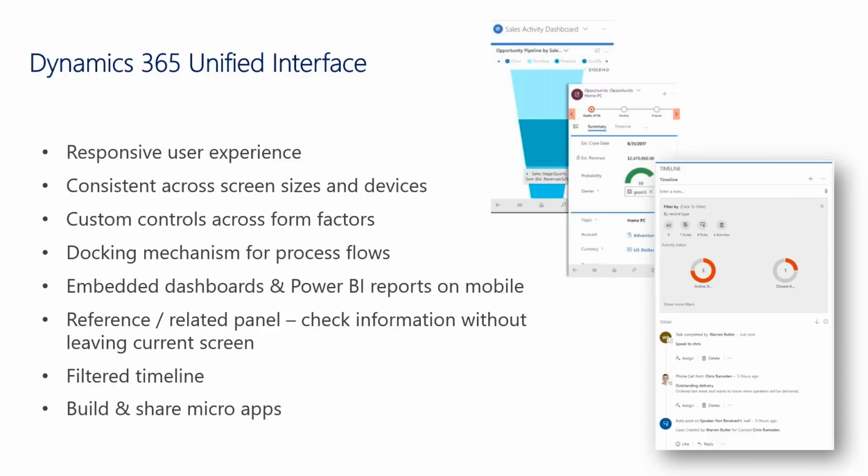Other aspects of the unified interface include embedded dashboards across all devices, including mobile. There's the ability to dock or pin process flows, a new timeline that's supported by visual filters, and also a reference or related panel that enables users to access contextual information by switching between grids without clicking away from records or launching pop-ups.